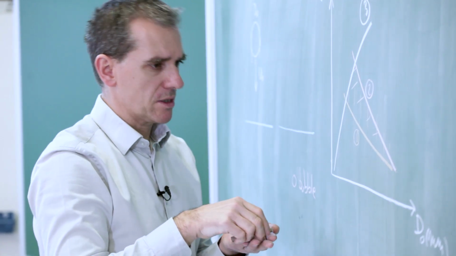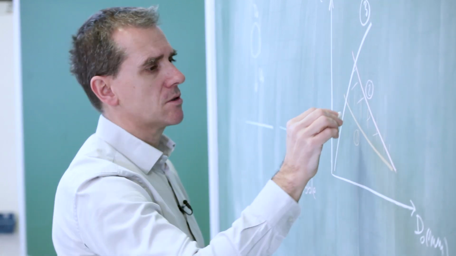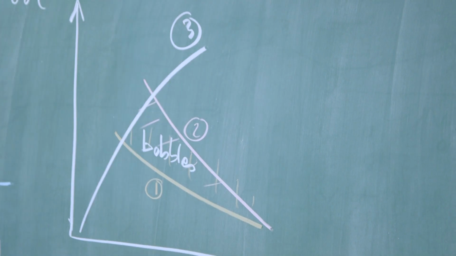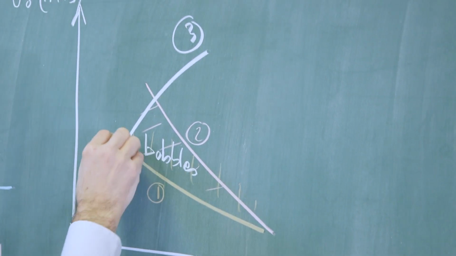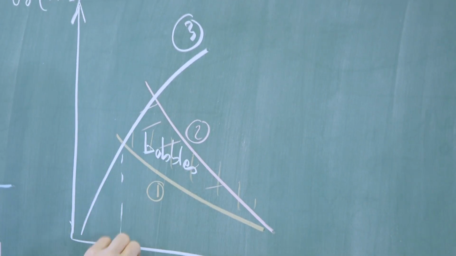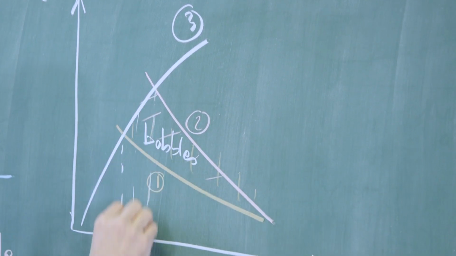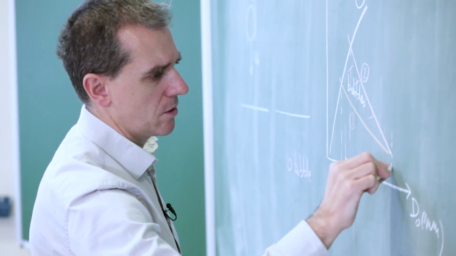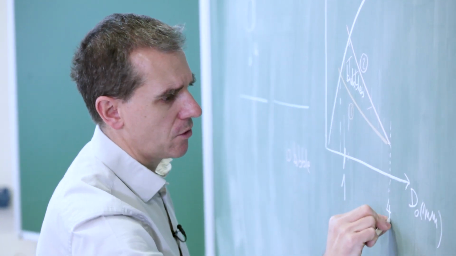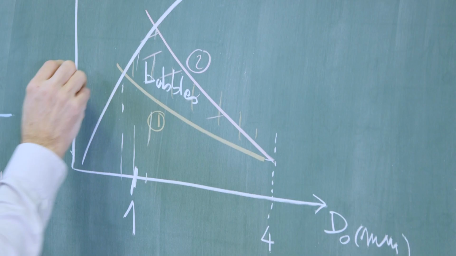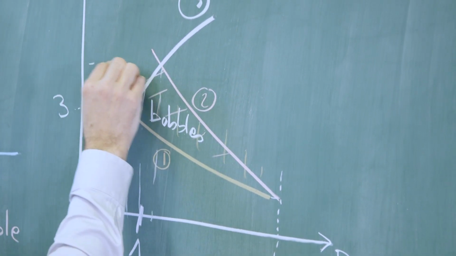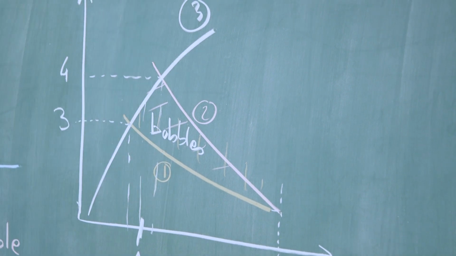So the region which is enclosed is the region where bubbles are observed. If I put numbers, here you have exactly 1 millimeter. You will observe those bubbles up to 4 millimeter drops. And the characteristic velocities are here 3 meters per second and there 4 meters per second.